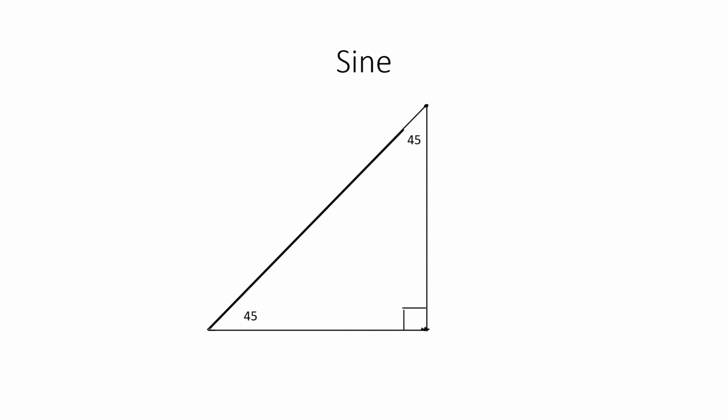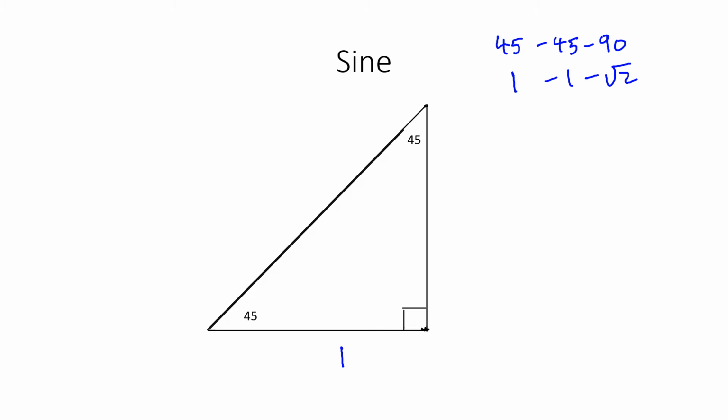If we have this special right triangle here from geometry, hopefully you remember that if we have a 45, 45, 90 triangle, referring to the degrees of the angles, the sides would have to be 1, 1, and square root of 2. So let's fill those in.